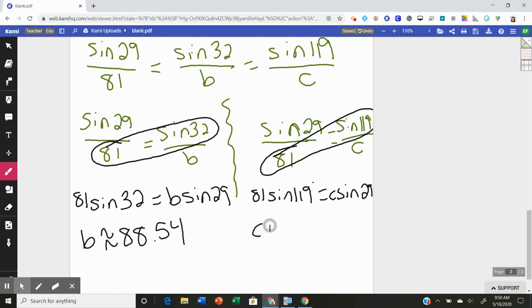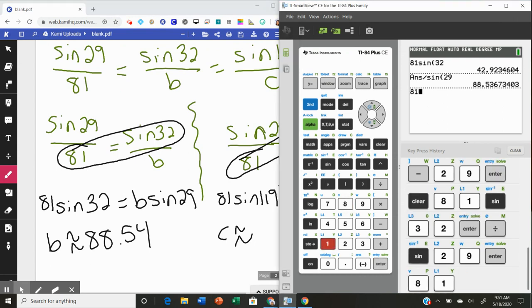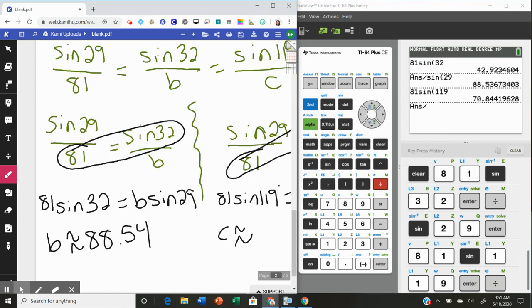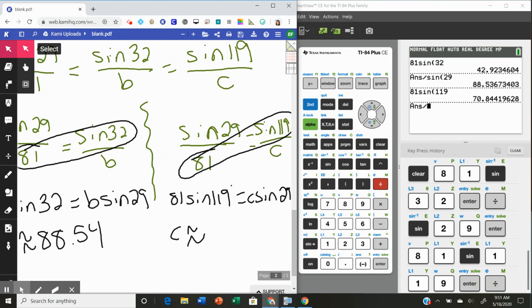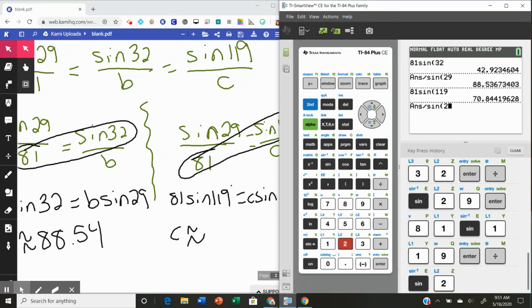So C is going to be approximately 81 times the sine of 119 degrees, and then we're going to divide that by the sine of 29. So that's about 146.13.